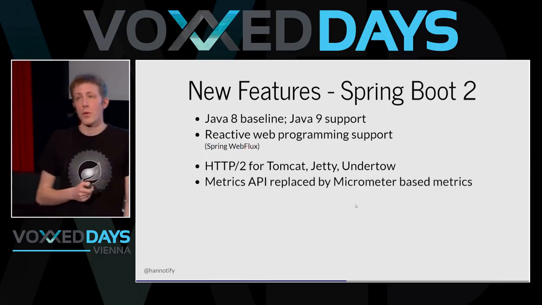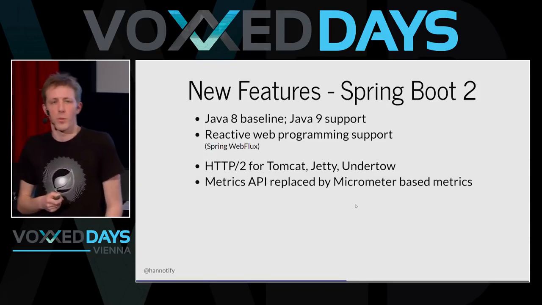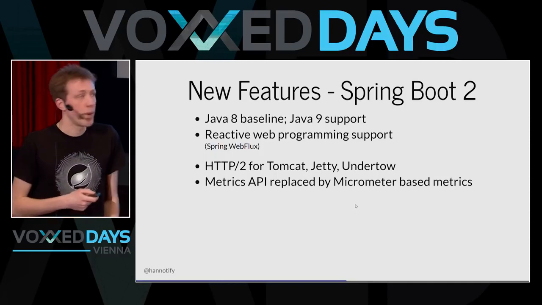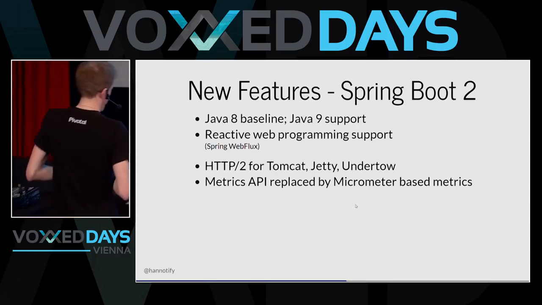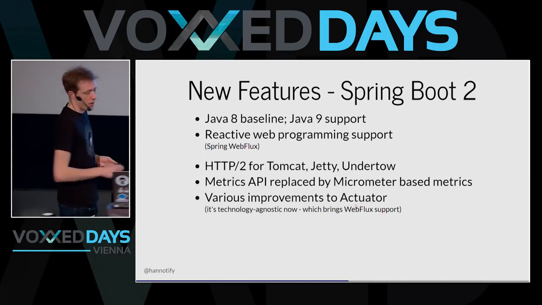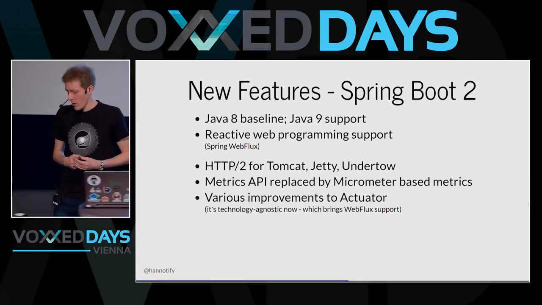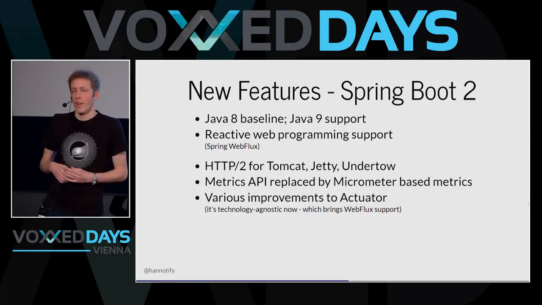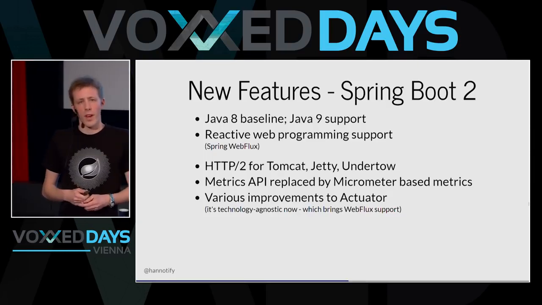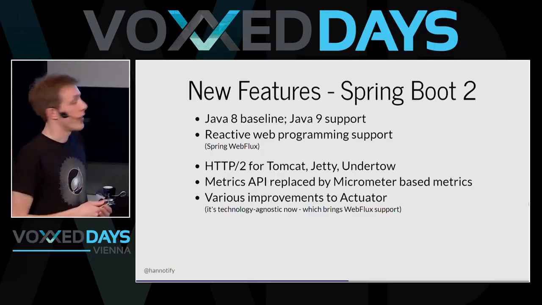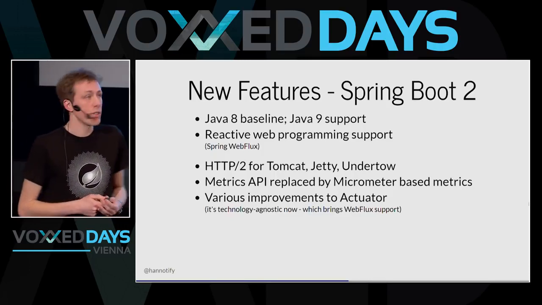Spring Boot 1 used to have a Spring-specific metrics API. This has been replaced by Micrometer-based metrics. And there have been various improvements to Actuator, which is the component by Spring that tells you the health of your application and can tell you all kinds of statistics that are then exposed via REST endpoints.